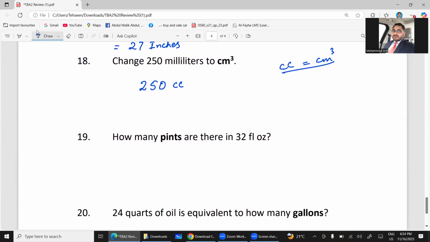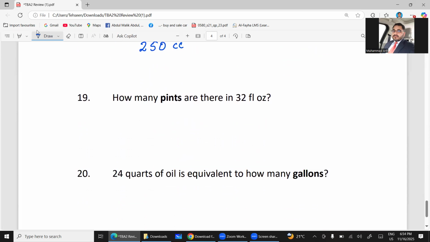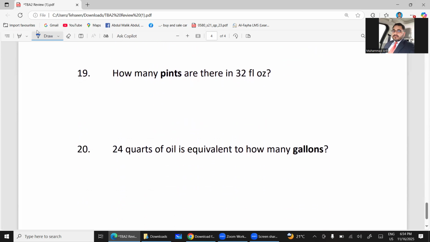Now question 19. How many pints are there in 32 fluid ounces? The smallest unit to measure capacity in the American system is the fluid ounce, then cup, then pint.